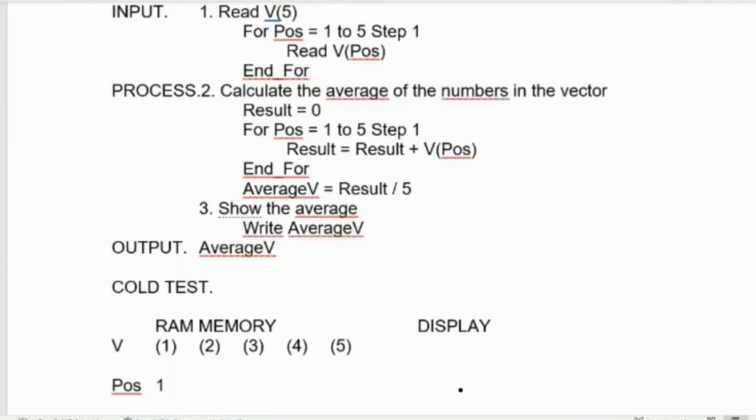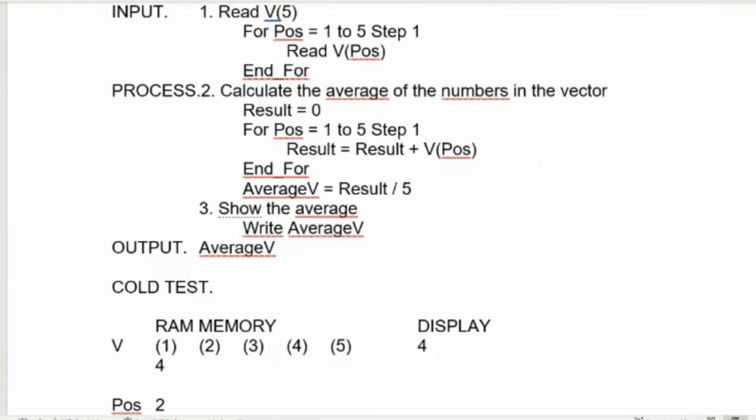So suppose we read number 4 here, and we store this number in the vector in position pos. Position pos is 1, so we are going to store this number in the first position of the vector. Then next, you go to the for instruction, step 1. That means 1 plus 1 is 2. Okay?